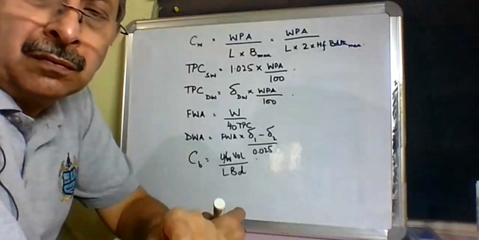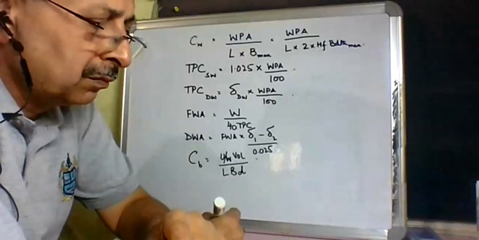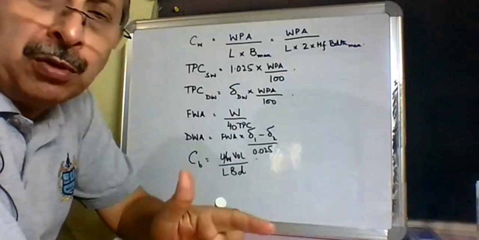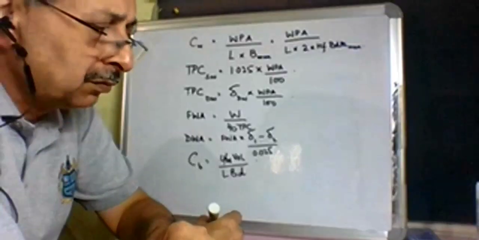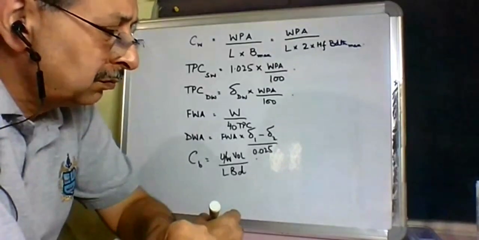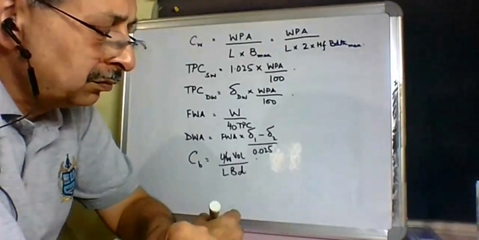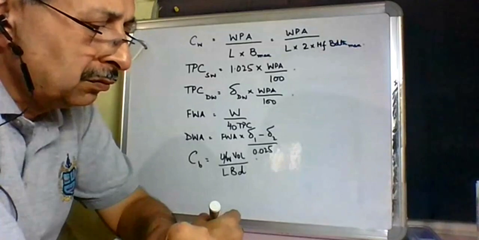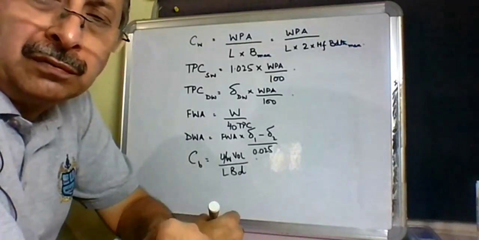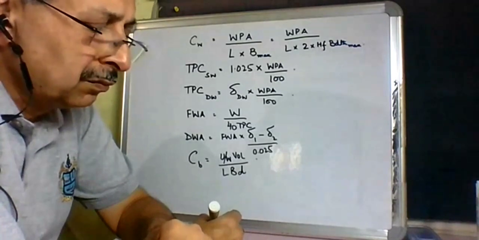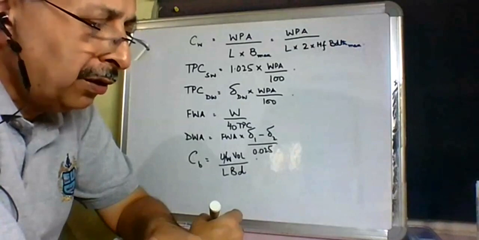What is the difference between this formula and that formula, sir? If I try to find the constant from this formula, then I do not get the answer.